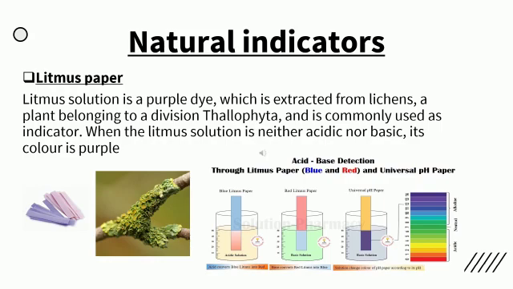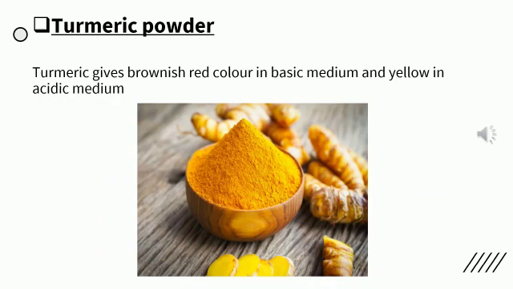Next is turmeric powder. Turmeric powder is one more natural indicator. It gives brownish red color in case of basic medium and yellow in case of acidic medium.